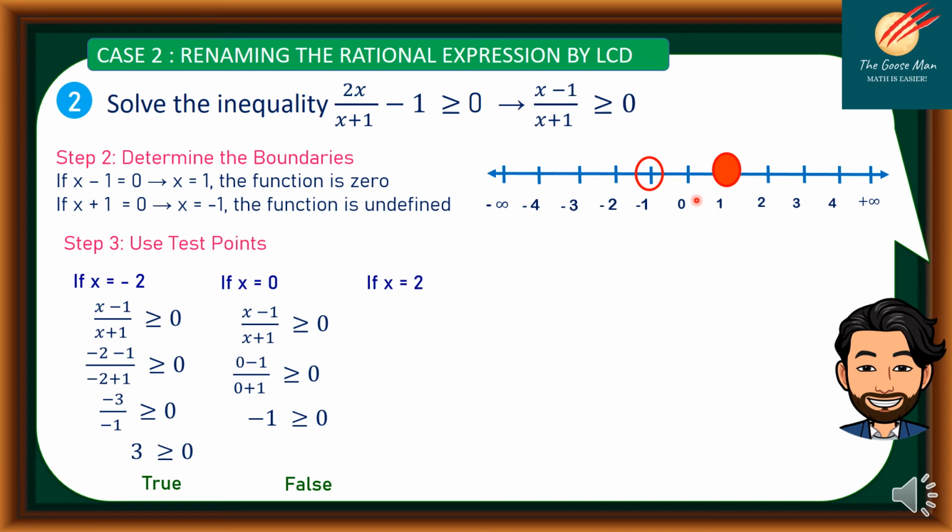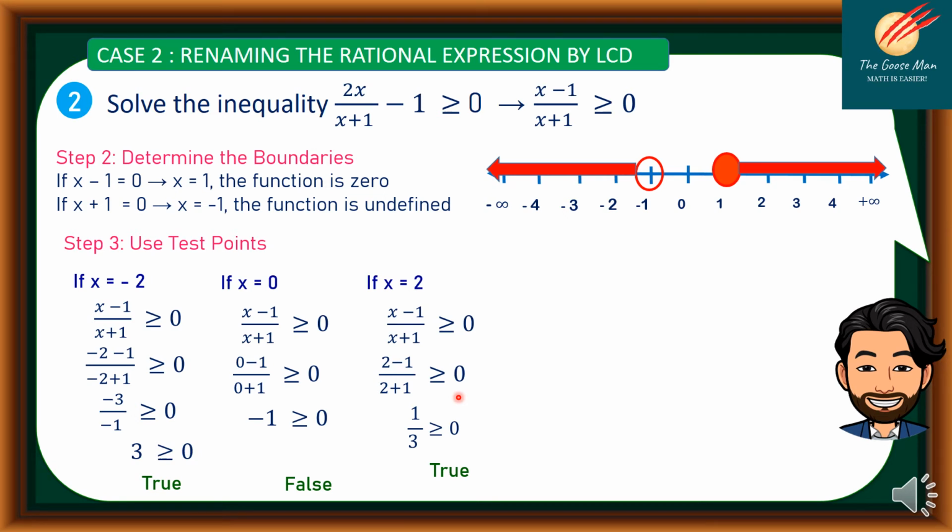And finally, if I use x equal to 2, beyond positive 1, this expression is 2 minus 1 all over 2 plus 1. Is it greater than or equal to 0? We can say that 1/3 is greater than or equal to 0, which is true.